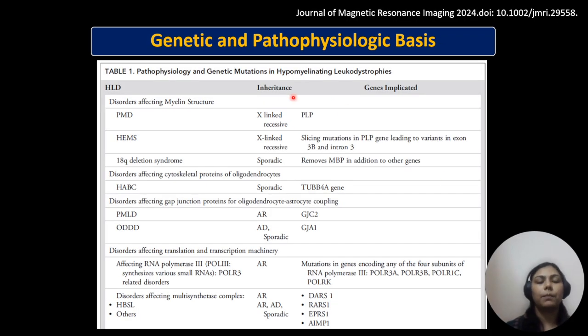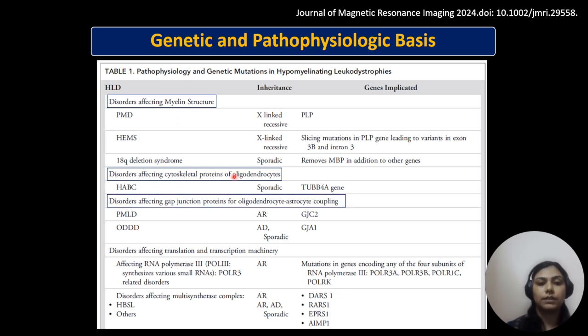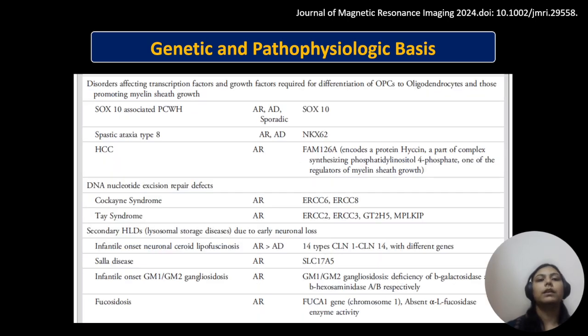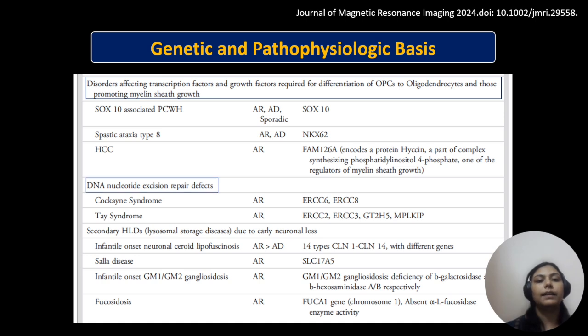Therefore, hypomyelination does not occur only due to disorders of myelin structure, for example, myelin structural proteins, but also secondary to disorders affecting cytoskeletal protein of oligodendrocytes, disorders affecting gap junction proteins for oligodendrocyte astrocyte coupling, disorders affecting translation transcription machinery, disorders affecting transcription factors, growth factors, and DNA nucleotide excision repair defects.